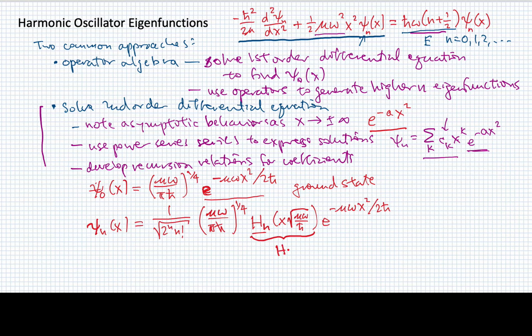They have a special name. They're called Hermite Polynomials, named after the same French mathematician that talked about and characterized Hermitian properties. Okay, so these Hermite polynomials have a variety of ways that they can be discovered.